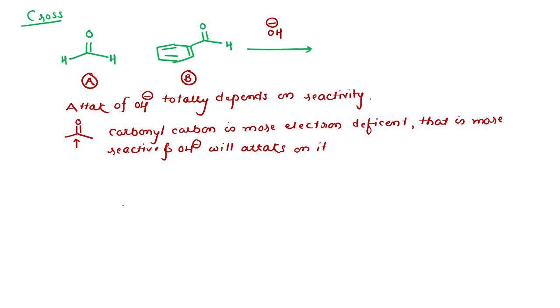Now all of you know that this carbonyl is delta positive, this is delta negative. This is the benzaldehyde molecule, which has a carbonyl group with H. In benzaldehyde, this benzene ring has an adjacent carbonyl. This is delta positive, this is delta negative.